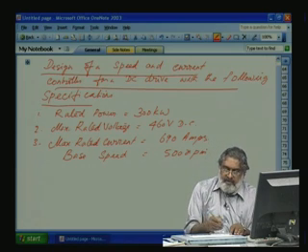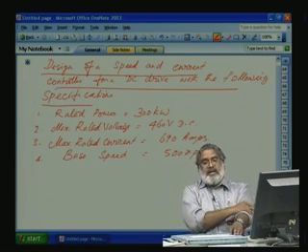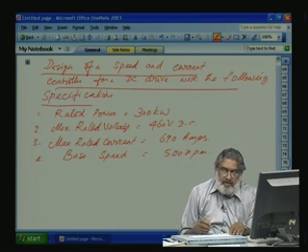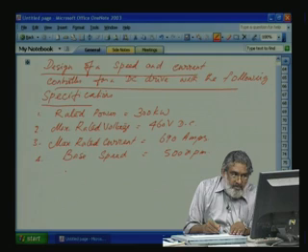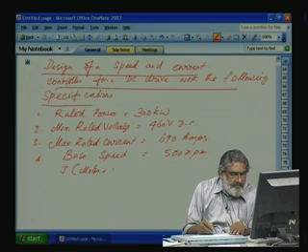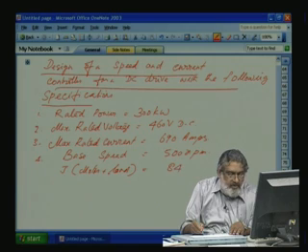And let us say J we have also found out. In earlier classes we have said how to find J, the moment of inertia of the motor plus load. So, moment of inertia J of motor plus load is equal to 84 kilogram meter square.